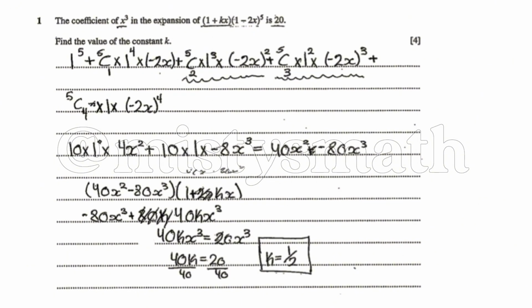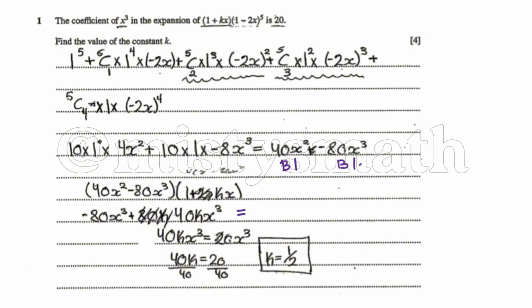Move on. We have another candidate over here. If you see, he got the coefficient of x squared to be 40, that's B1. And he got the coefficient of x cubed, that is negative 80, another B1. But as he expanded, there is some error over here, isn't there?